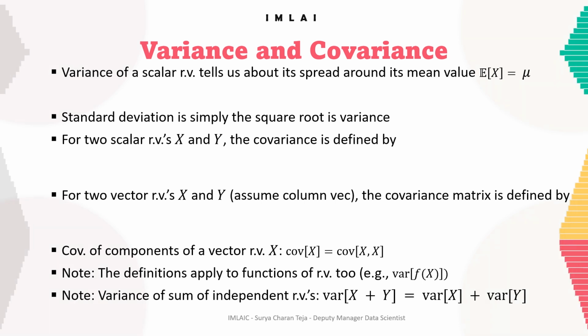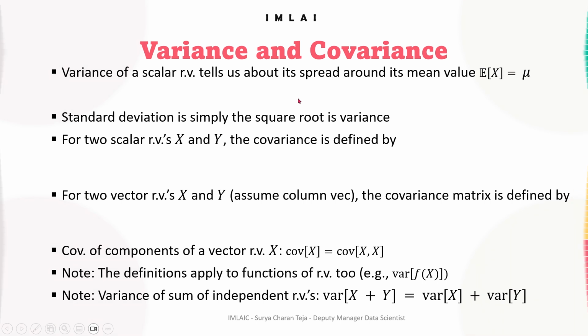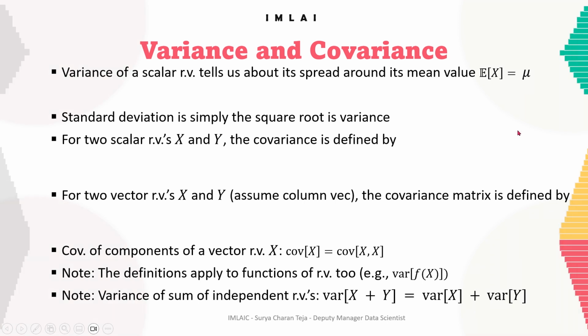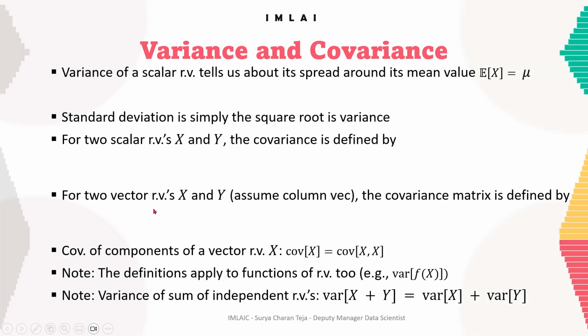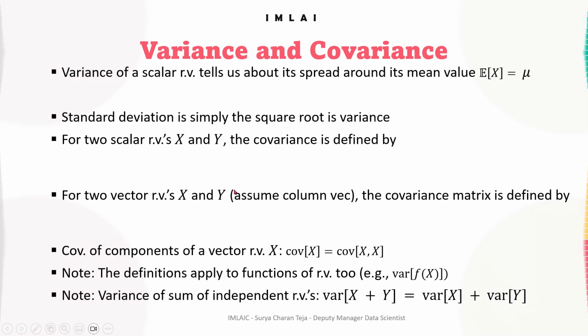Variance of a scalar random variable tells us about its spread around its mean value, E of x, that is equal to mu. So first, let's see variance.